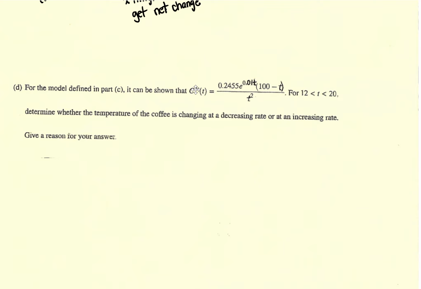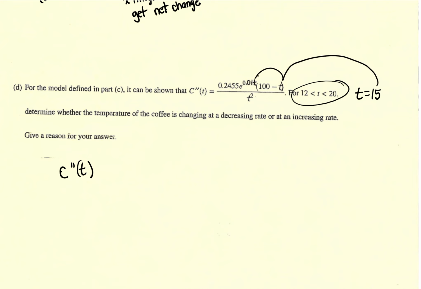So let's take our C double prime and put a value in there. It's up to you which one you do. I would do anything from 12 to 20. So I just plugged in, say, a 15. If I plug a 15 into this equation where there's a time, I got that it was 0.1077.